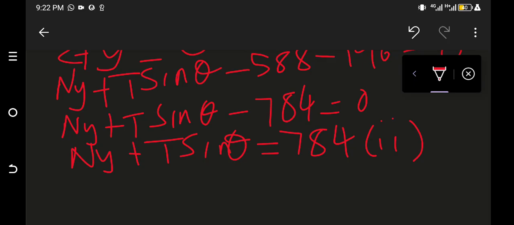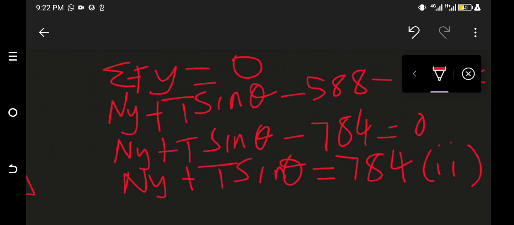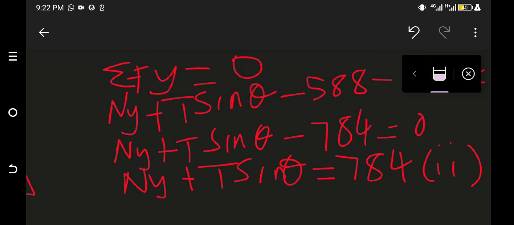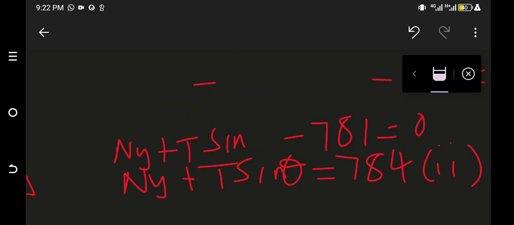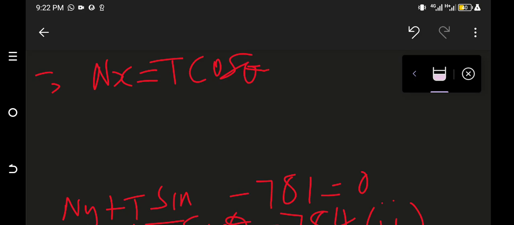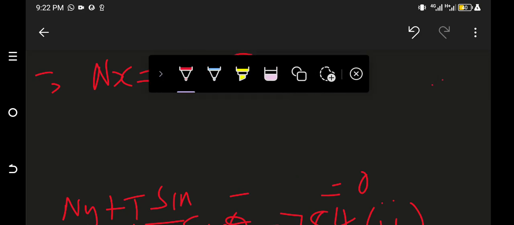Let me create more space so that we can solve cleanly. Let me delete everything here to get more space. Let me write it on top.